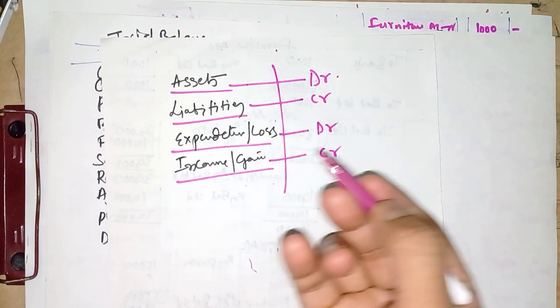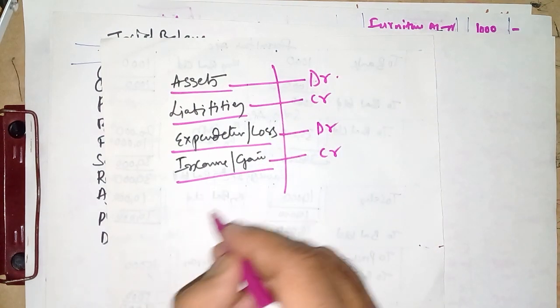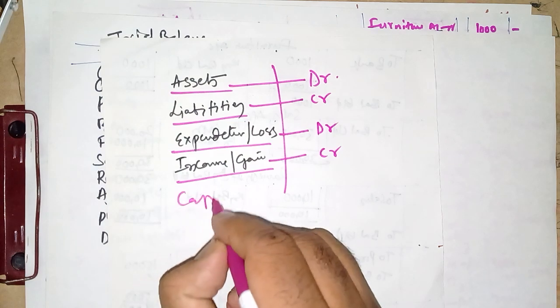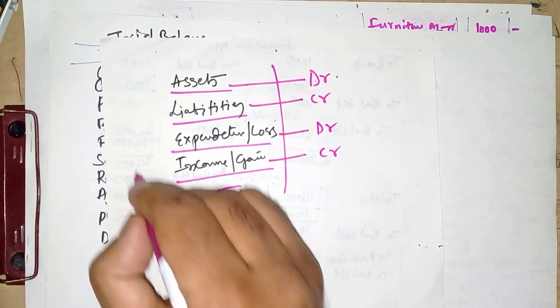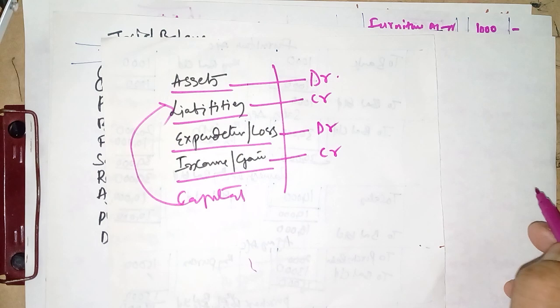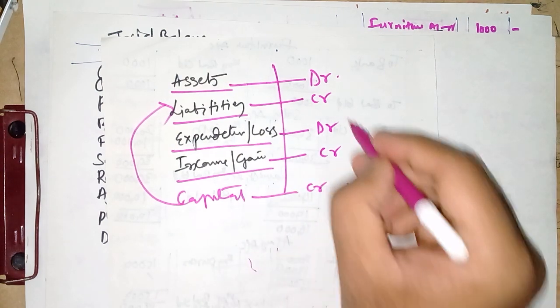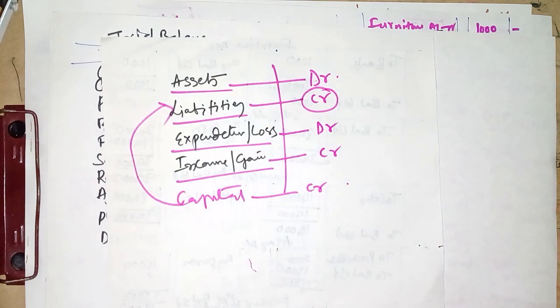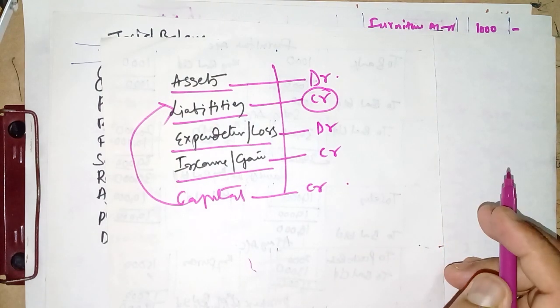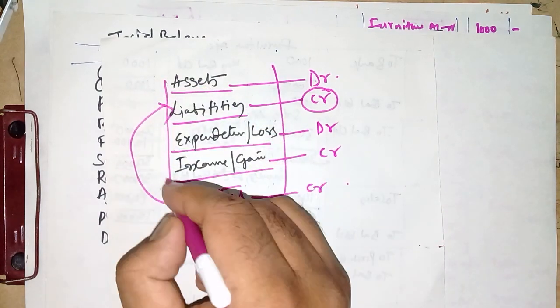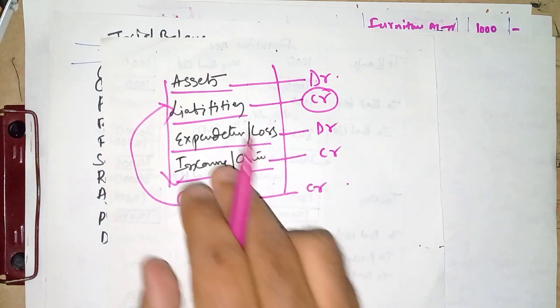Some authors make one more type, that is, they write capital specifically, right? I consider capital also as a liability. So if you want to write it separately, capital also shows credit balance because liability shows credit balance, right? So the basic segregation is 4 types.